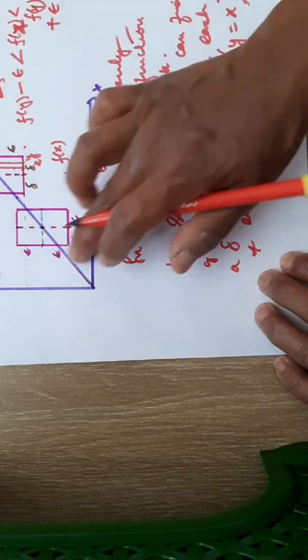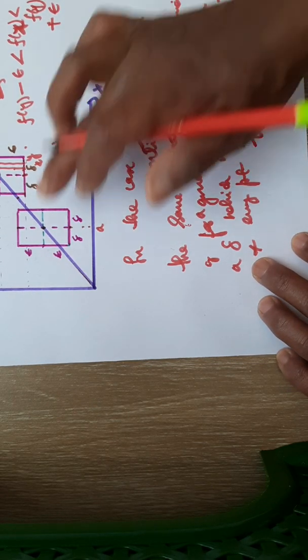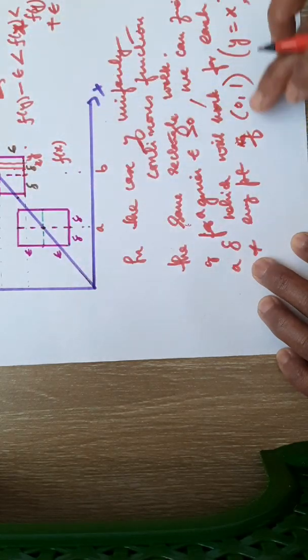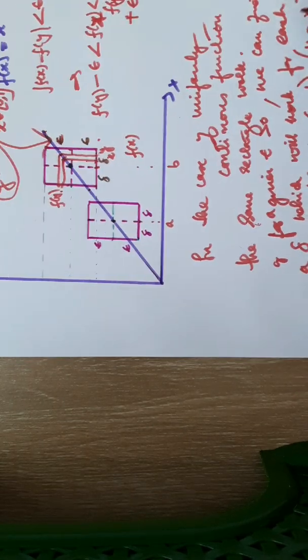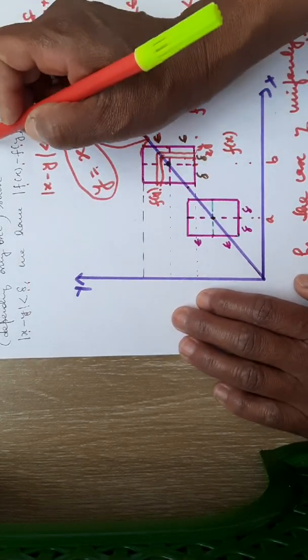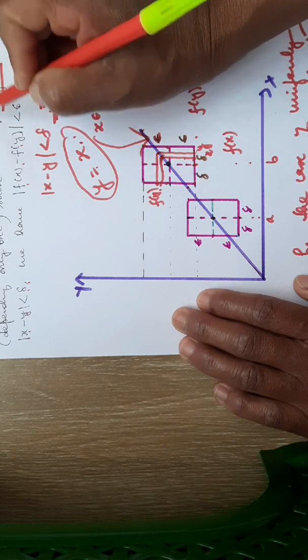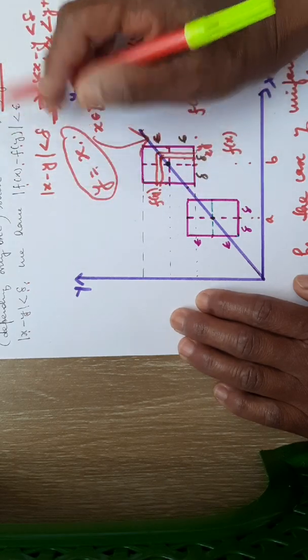So you see that in this particular case, for the function y equals f(x), y equals x, we can always find a delta which will work for every point in the interval 0 to 1. So this implies that the function is uniformly continuous. By definition, if we can find a delta which depends only on epsilon, then it is uniformly continuous.